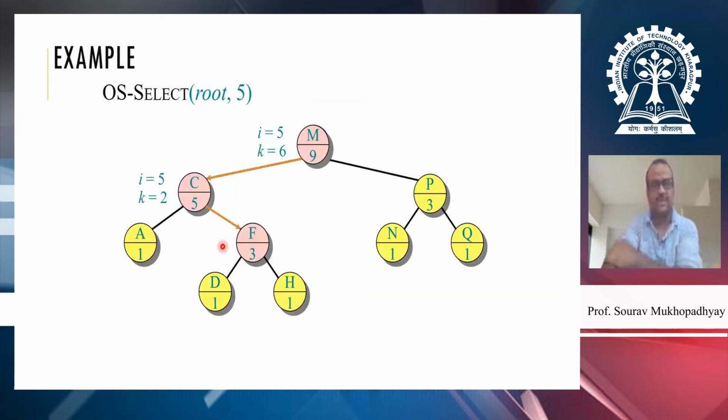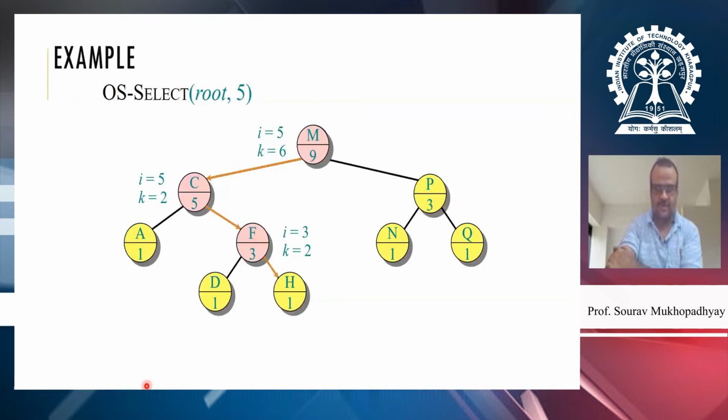We are calling select again and again until we reach a nil, or until we find a match. So now the rank of this node is 1 plus 1, 2, but we are looking for the third smallest element. So again we have to go for the right part of this.